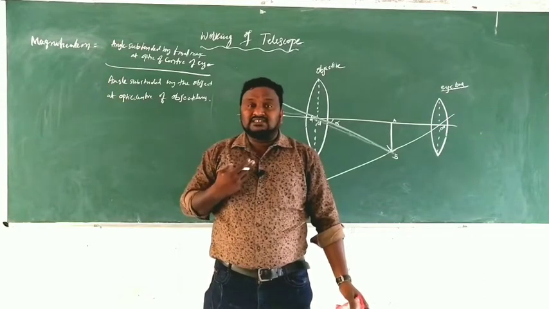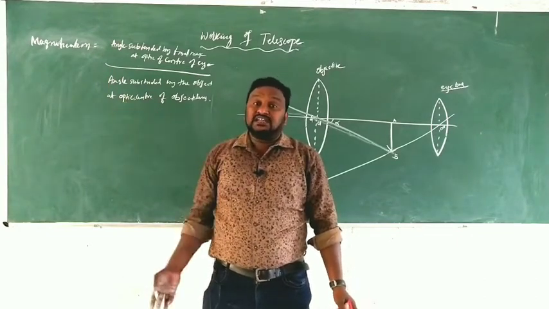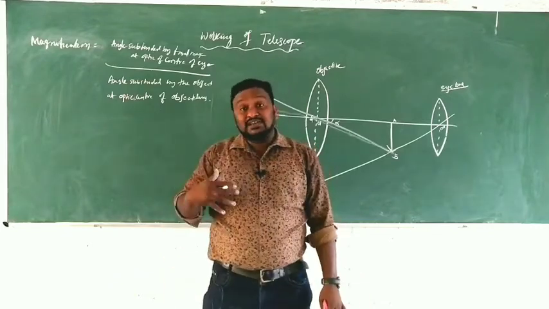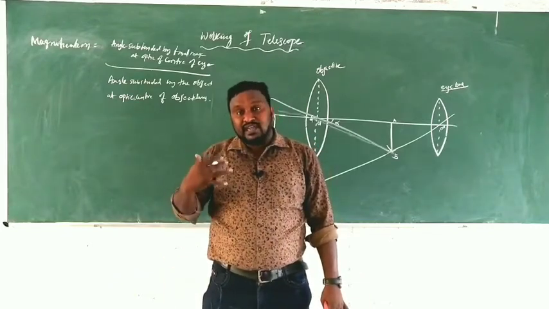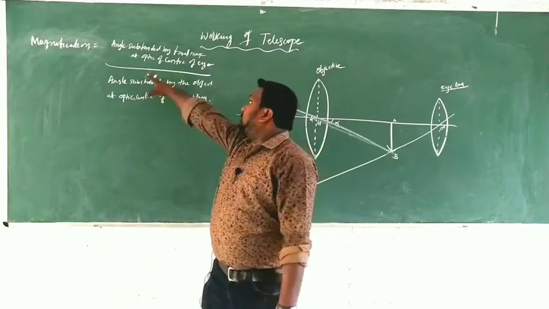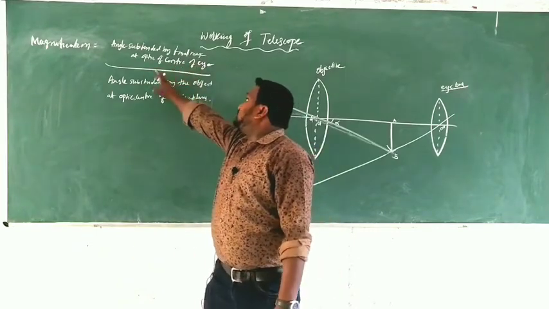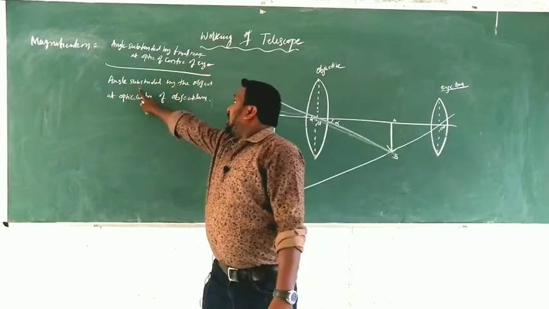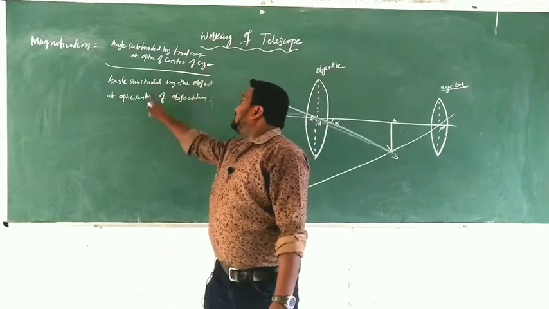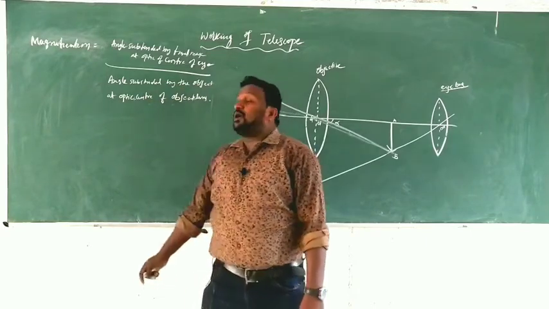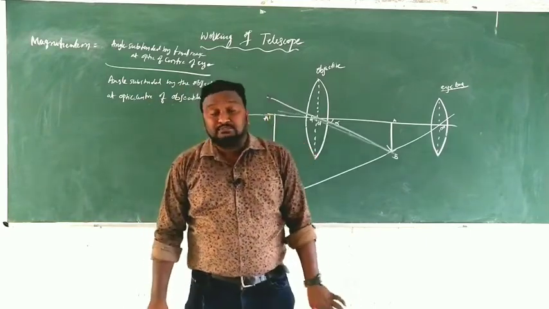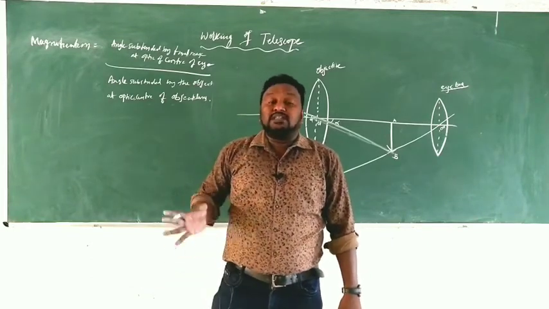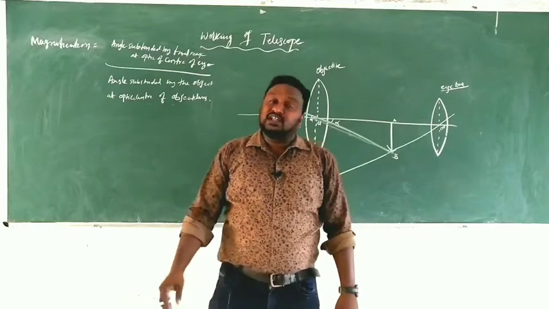That's why we can't imagine the nature of the object or place it at the position of the image. That's why the magnifying power should be defined, in this case, as the ratio of the angle subtended by the final image at the optic center of the eyepiece to the angle subtended by the object at the optic center of the objective, that is, unaided to the eyepiece. Clear? So from that we define the magnifying power or magnification of a telescope.